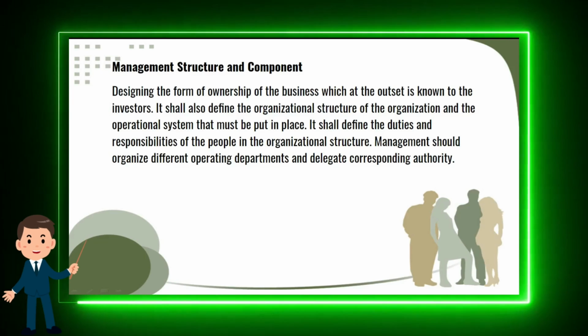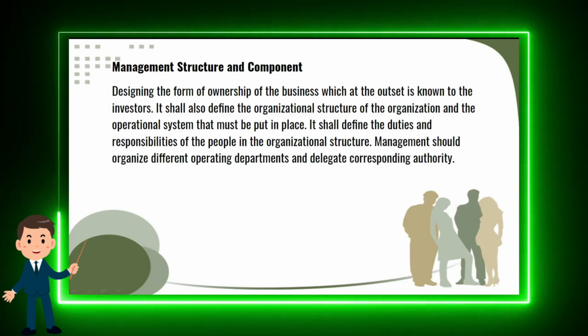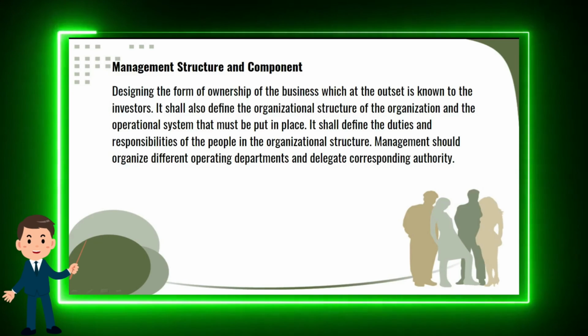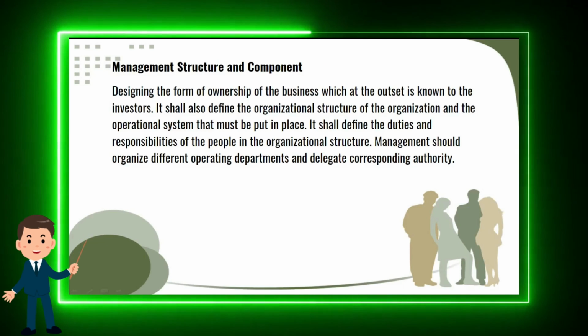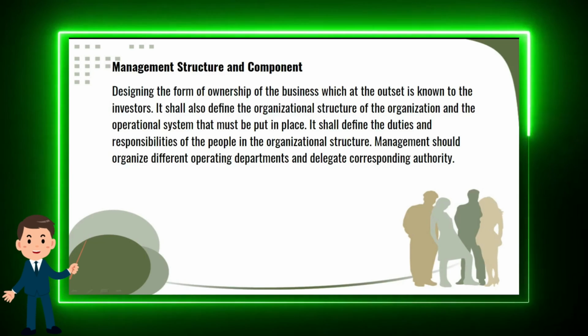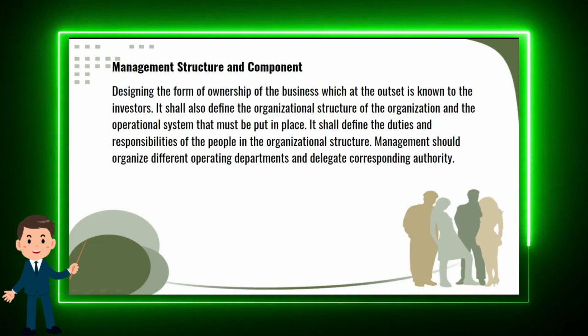It shall also define the duties and responsibilities of the people in the organizational structure. Then management should organize different operating departments and delegate corresponding authority. So that's it for the management structure and component. It's more about the management.